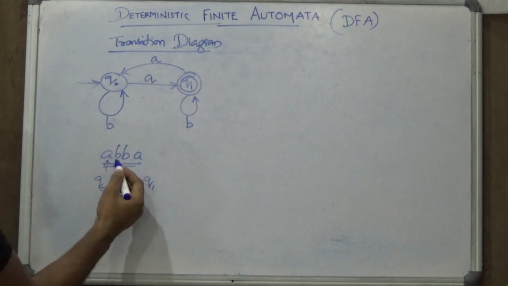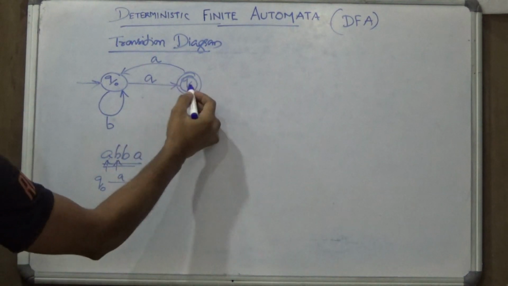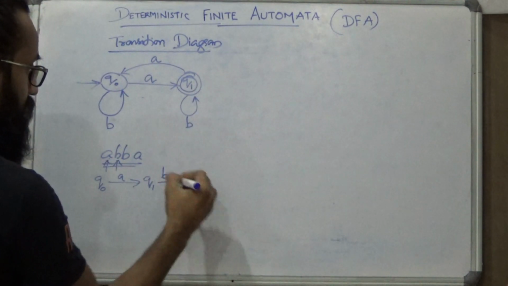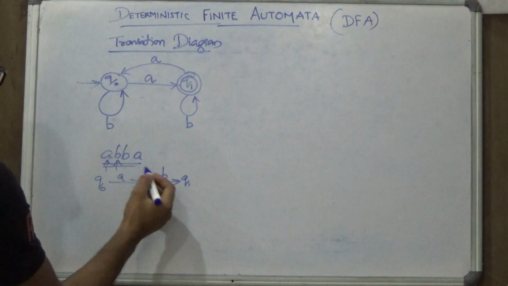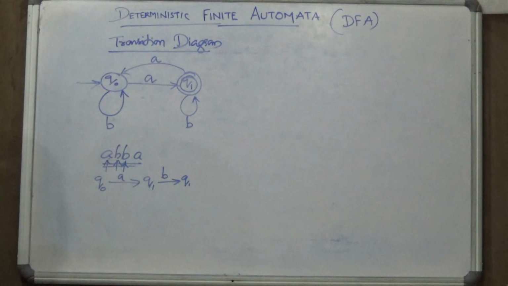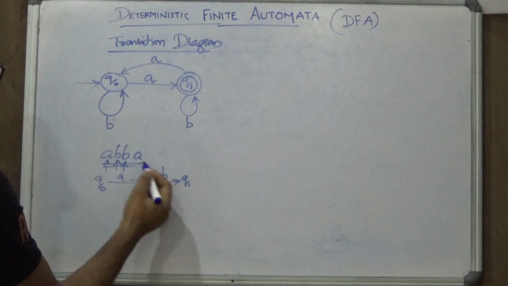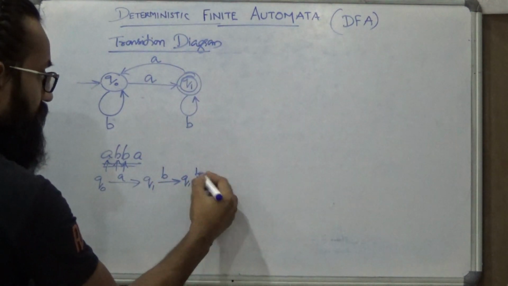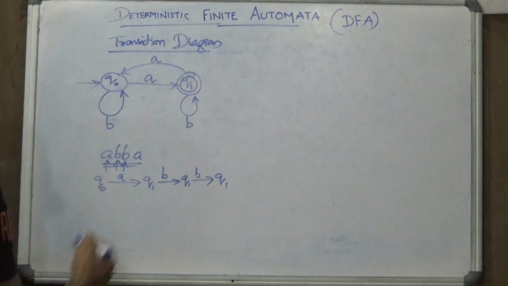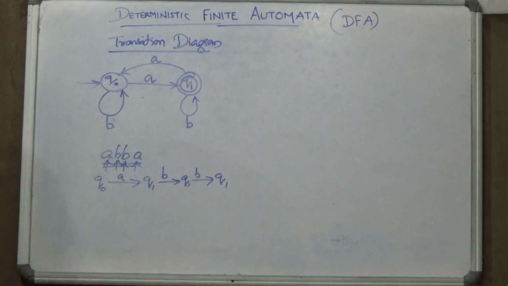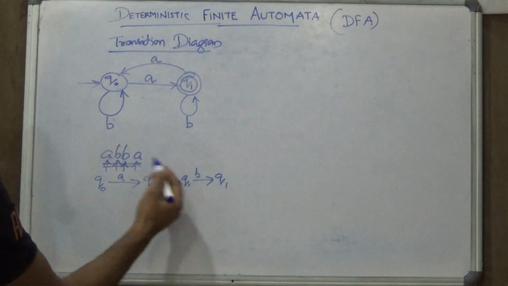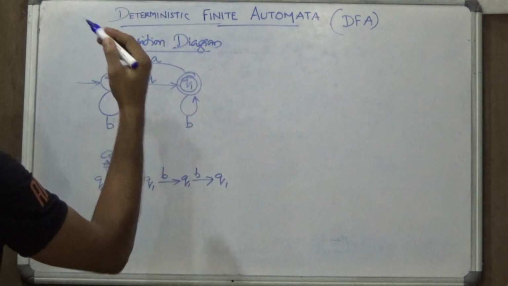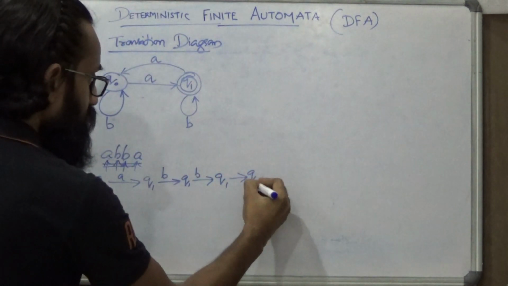From Q1, it will read B. From Q1 for B, it will remain in the same state, and the read-only head advances one unit to the right. Now from Q1 it will again read B, so it will remain in the same state. Now the read-only head advances one unit to the right, and from Q1 the input encountered is A. So from Q1 for A, it will go to state Q0.